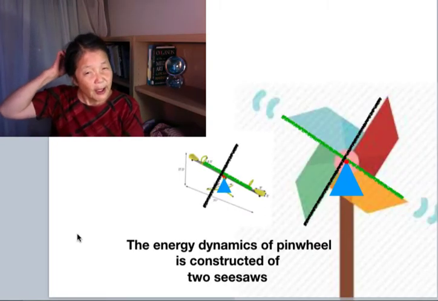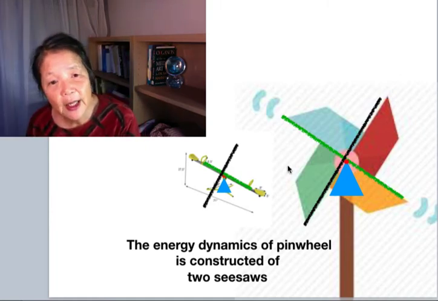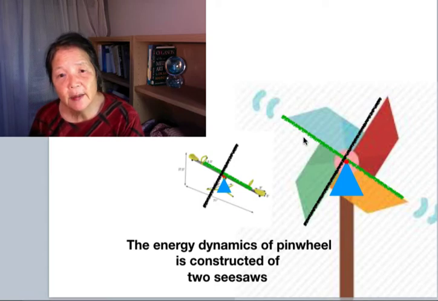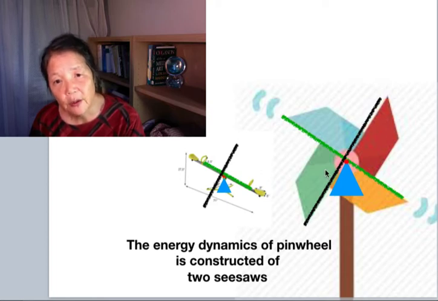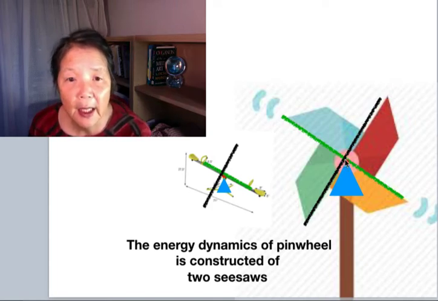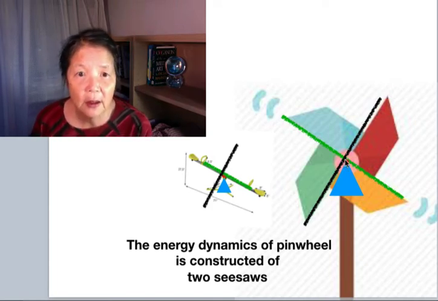And if you look at something like a pinwheel, actually the dynamics of a pinwheel is similar to two seesaws. You have a seesaw here and you have a seesaw here, and because something is blowing on it, it turns around in a circle, right? And then in the center you have the fulcrum, right at the center.